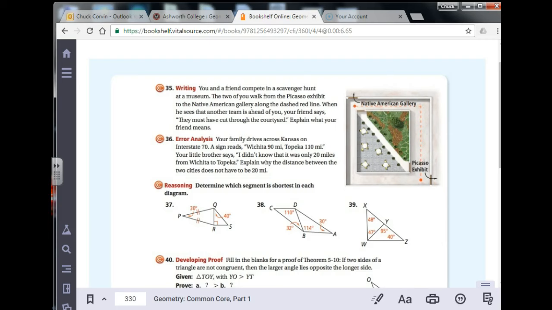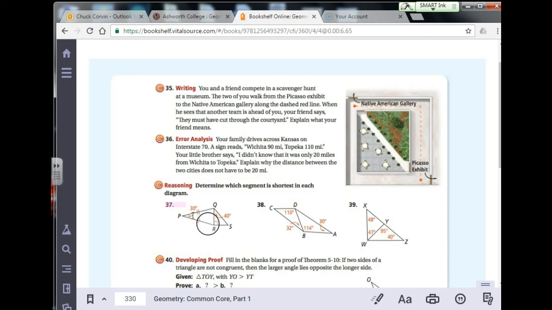On number 37, when we're looking at this particular problem, if we look at this particular triangle right here, yes, this right here is the shortest side of this triangle, okay?